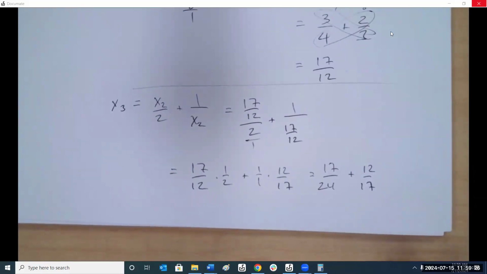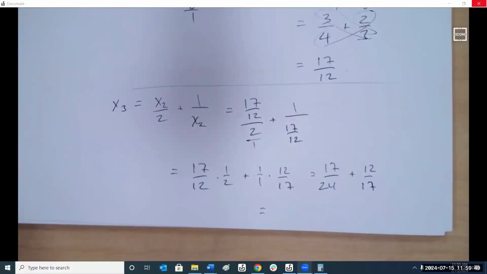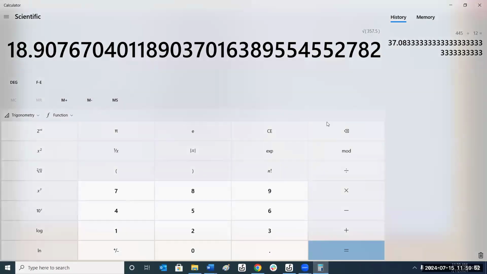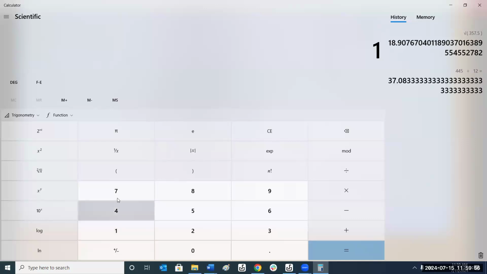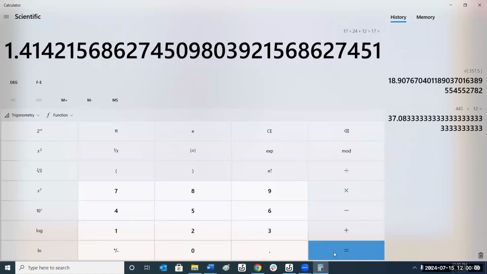So that's going to give us 17 divided by 24 plus 12 divided by 17 equals 1.4142.